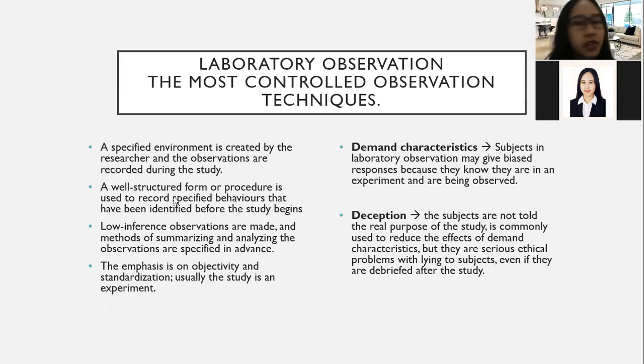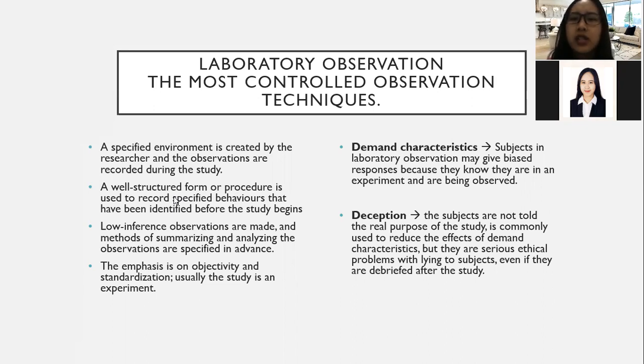Low inference observations are made, and the methods of summarizing and analyzing the observations are specified in advance. And the emphasis of this observation is on objectivity and standardization. This laboratory observation is usually used when the study is an experimental study.